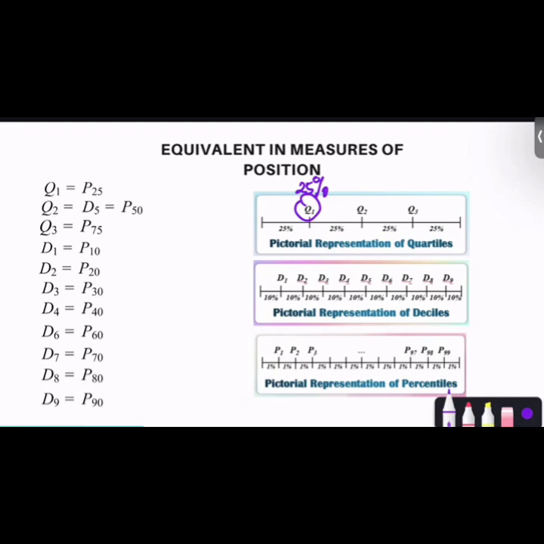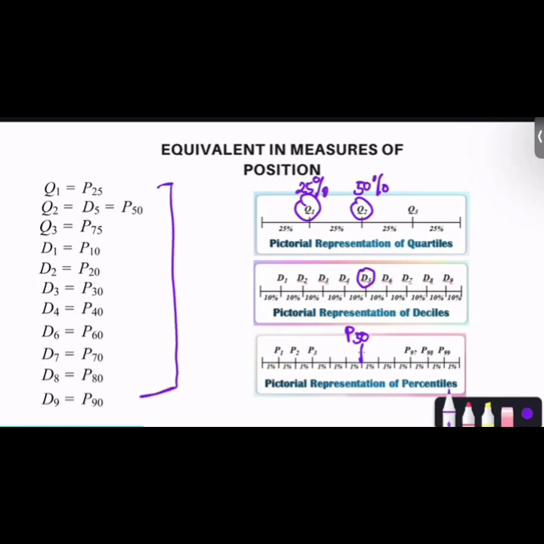Then quartile 2, since this is 50%, has an equivalent in decile, which is D sub 5 or decile 5. These are our median. And in percentile, it is equal to percentile 50. So these are the equivalents in measures of position.